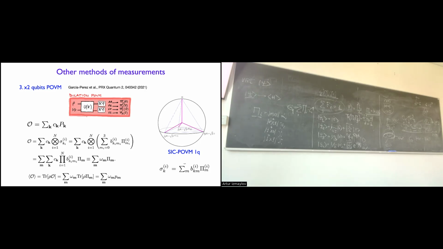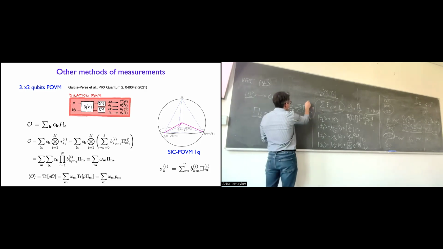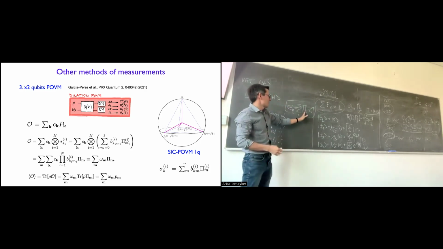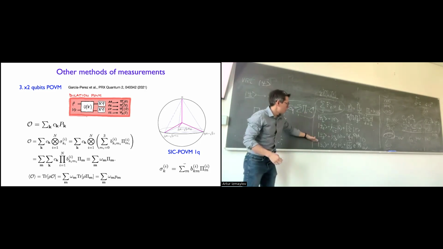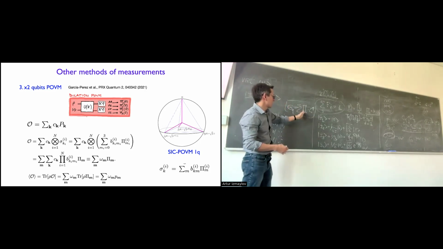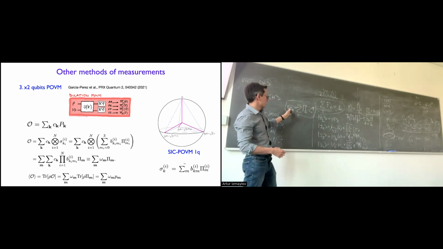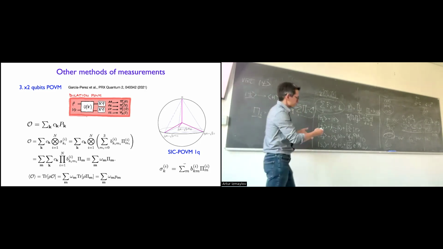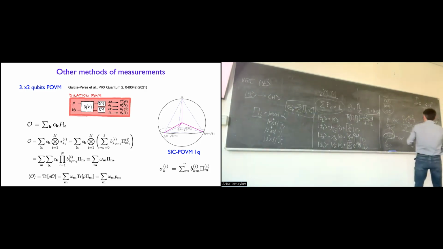Therefore I need to reformulate the Pauli operators in terms of my projectors. This part is straightforward, because these are vectors in operator space. For example, sigma z is |0><0| minus |1><1|, and sigma x is simply |0><1| plus |1><0|.